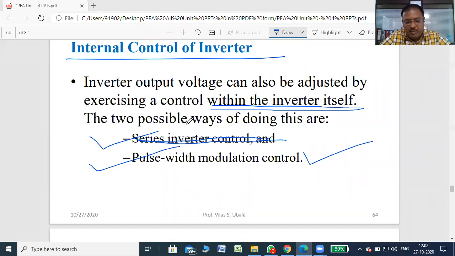I'll share these PPTs immediately after this lecture because this is the last part of unit number 4. After completing unit number 4, I will share the PPTs with you so you can read each and every part in detail. I'll also share the PDF of a book chapter, from Singh and Khanchandani, chapter number 9, which is the chapter on inverters as per your unit number 4.